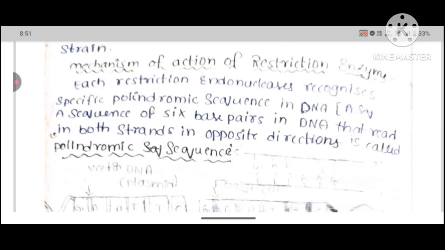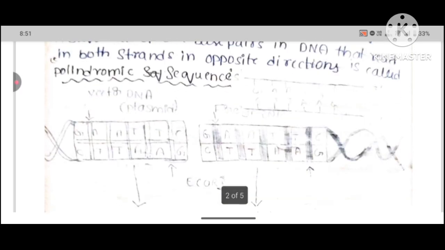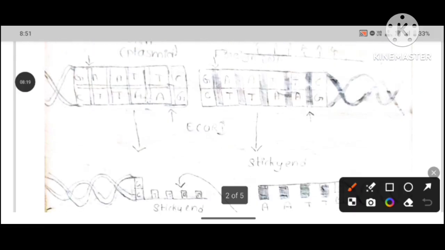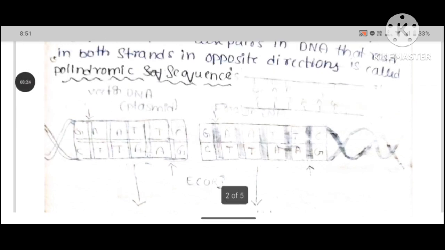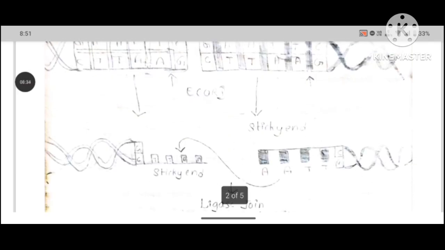After the recognition, it cuts the DNA at the specific site. This is the palindrome sequence, one from the vector DNA and one from the foreign DNA. With the action of the restriction enzyme EcoRI, we cut the DNA at a specific site.